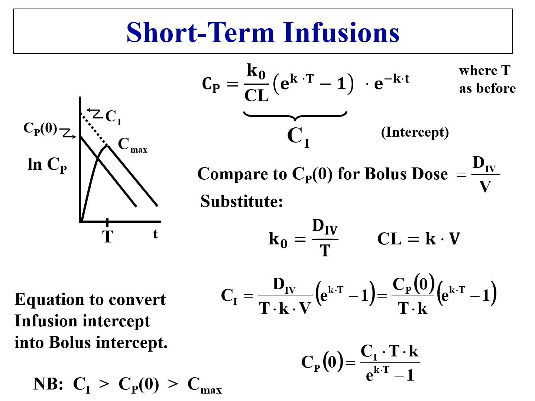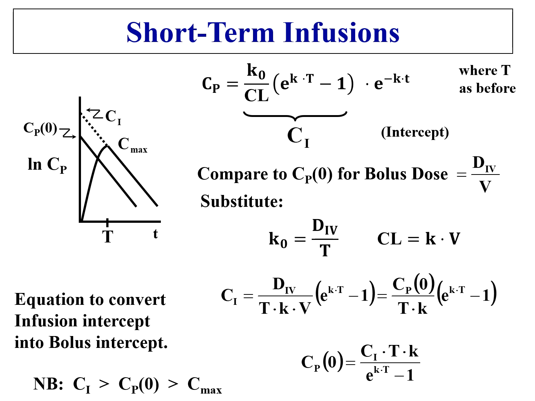So what further happens then, if we want to handle the pharmacokinetics, we often want to use the intercept value. And what's sometimes done in pharmacokinetics is that when we have a short-term infusion, we have an intercept, and because we know about bolus dose equations, we might want to convert the infusion intercept to what the bolus intercept would have been.